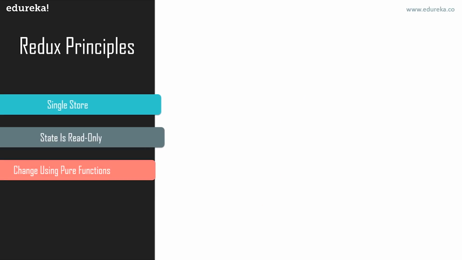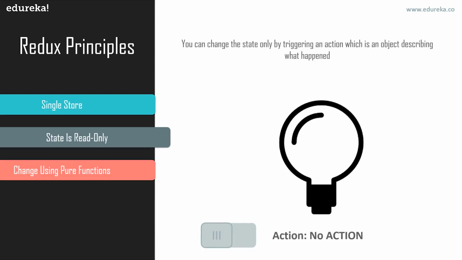Now the second principle of Redux is that state is read-only. We talked about the first principle of Redux, which is that it has a single source of truth. It always follows the pattern of Flux, but all the data flowing through a Redux system flows in a unidirectional manner. All changes to the state come from actions which are applied to the state, and all actions are then sent into Redux.